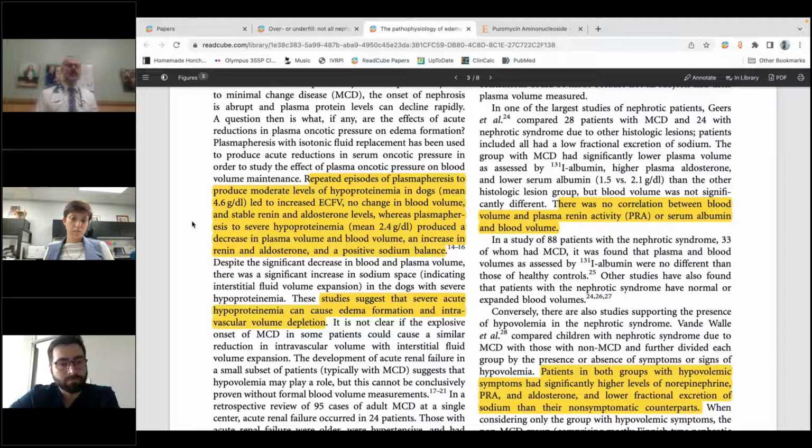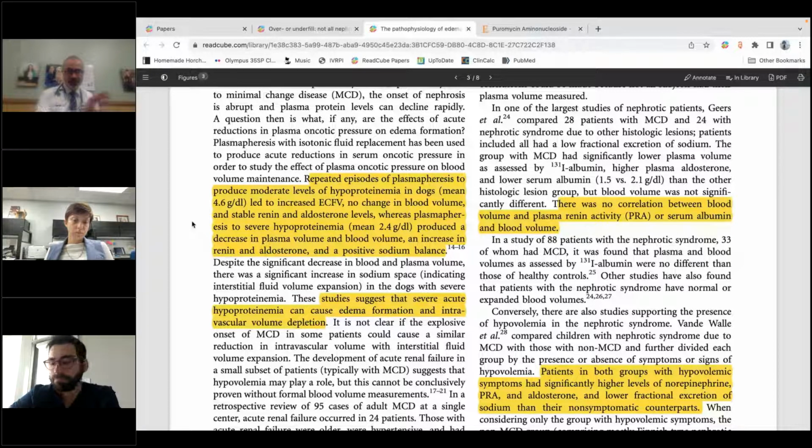I've tried to do TPE with 100% plasma as the replacement solution to improve a patient's hypoalbuminemia prior to surgery for a splenectomy and a kidney biopsy, and it failed to produce a difference. It's partly because I thought the albumin was going to be 3.5, because that's what the albumin of a normal dog might be. And in fact, it wasn't, because it's diluted out with everything else. You have some albumin that's degraded. So even in a normal TPE treatment for a toxicity, you'll usually see that their plasma protein concentration is less after the treatment.